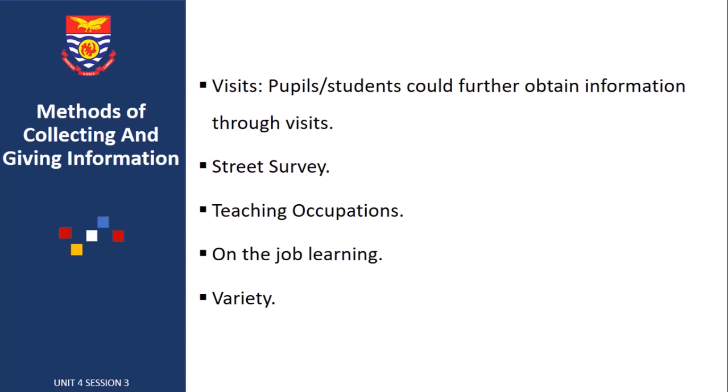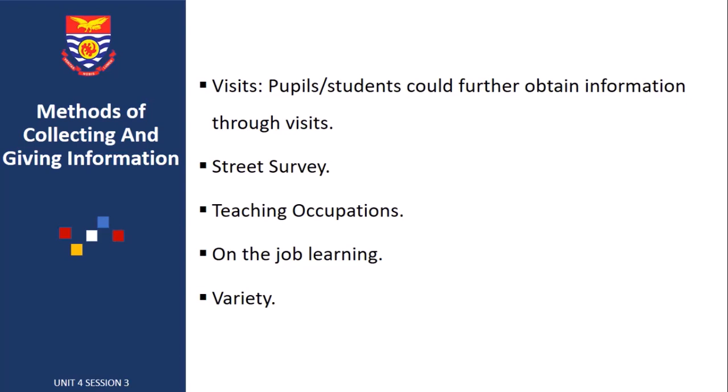The next is street survey. Students could undertake a street survey which will yield information about jobs in the local community or town. Students working in groups of 2 or 3 may be assigned a number of businesses or shops along streets.